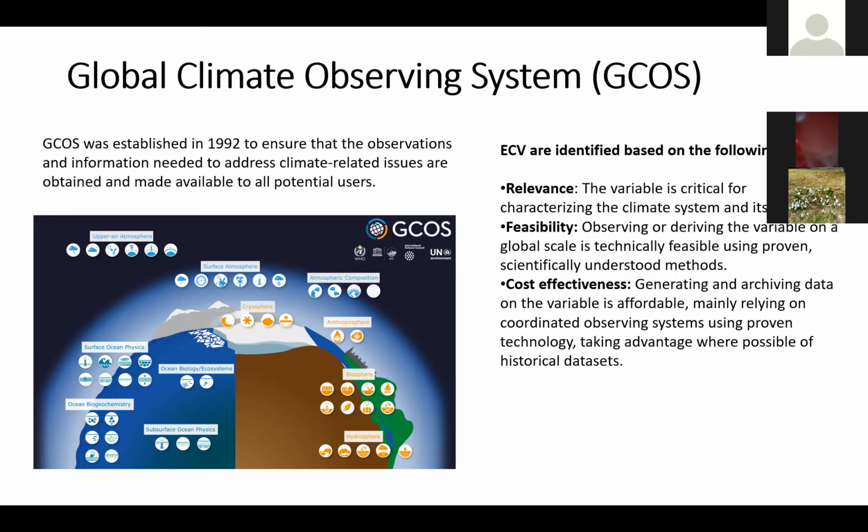GCOS identified the essential climate variables based on the following criteria: those climate variables should be relevant, feasible, and cost efficient. That means that those ECVs, which we also obtain from satellites, have to satisfy all those criteria, and they are critical for obtaining the climate information.